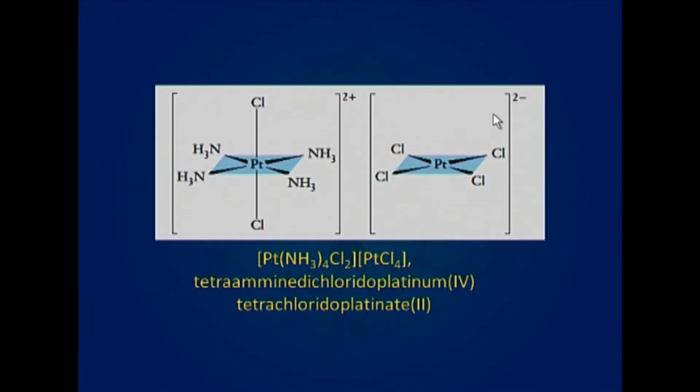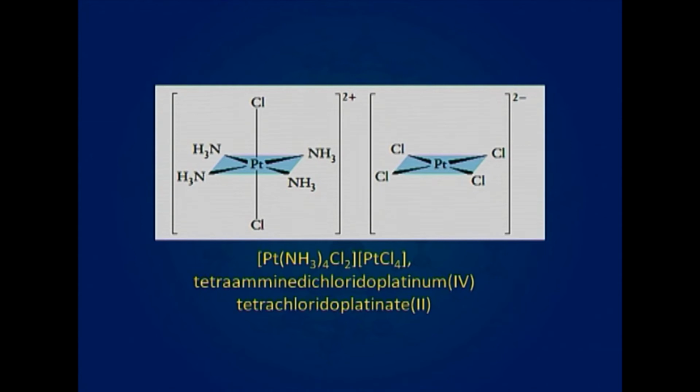In structural formula, you can see tetraamine dichlorido platinum 4 tetrachlorido platinate 2. Here you can see 4 amine ligands and 2 chloride ligands are coordinated to platinum and in another coordination sphere 4 chloride ligands are coordinated to the metal ion platinum.